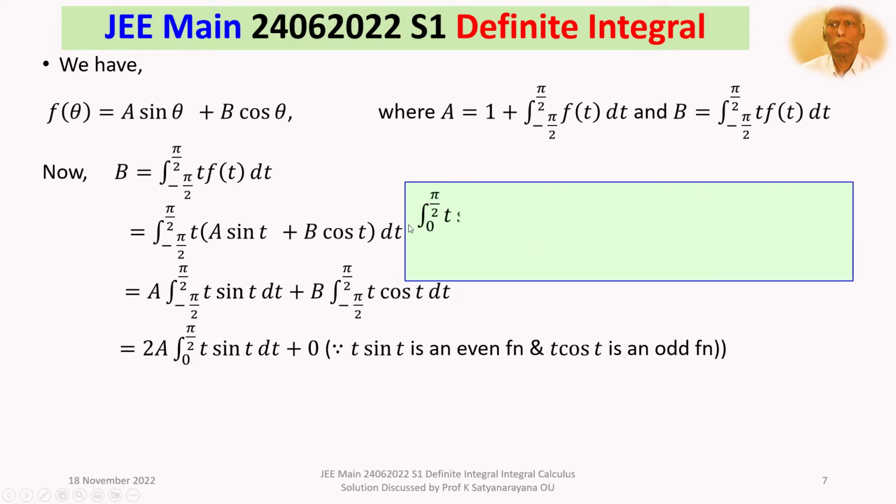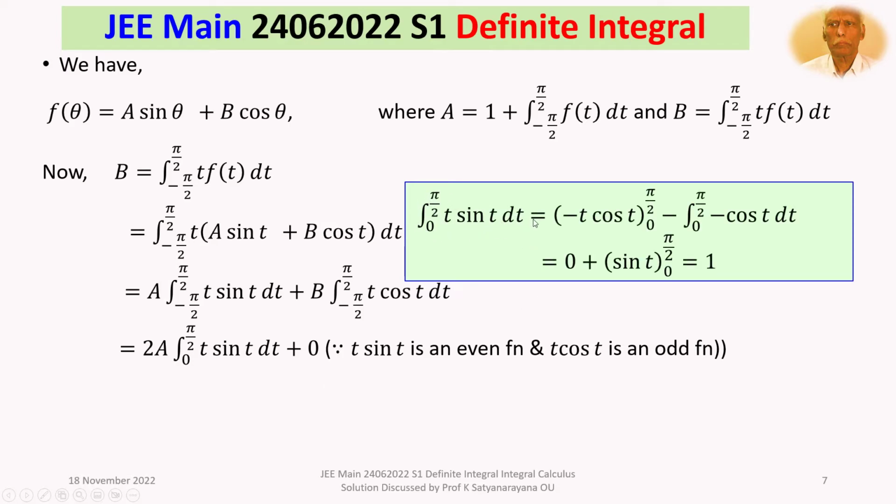Let us see here in the box. The integral from 0 to pi by 2 of t sin t dt. We have applied integration by parts. Then you will get t into the integral of sin t, which is minus cos t, to be evaluated between 0 and pi by 2, minus the integral of the derivative of t, 1, times the integral of sin t, minus cos t.